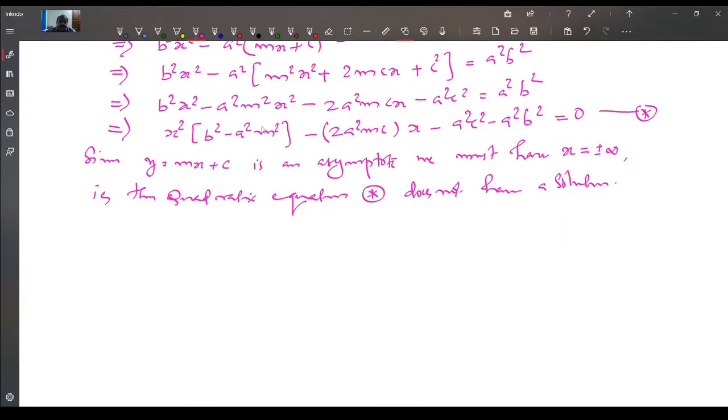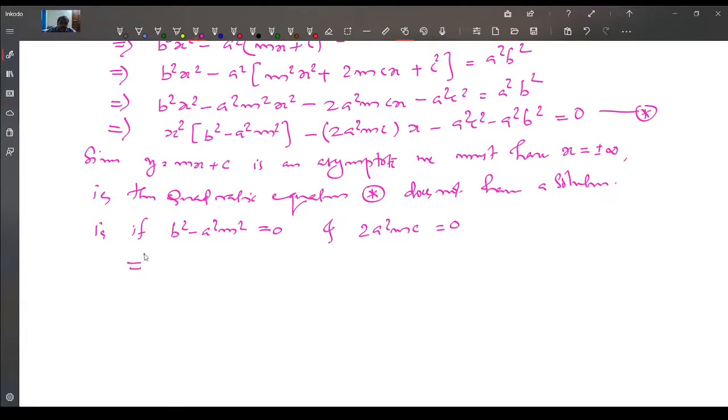This does not possess a solution if b square minus a square m square equal to 0 and 2a square mc equal to 0. Coefficient of x square and coefficient of x are 0.